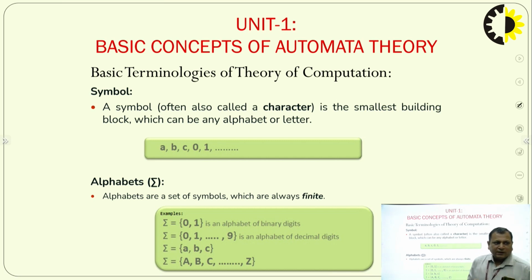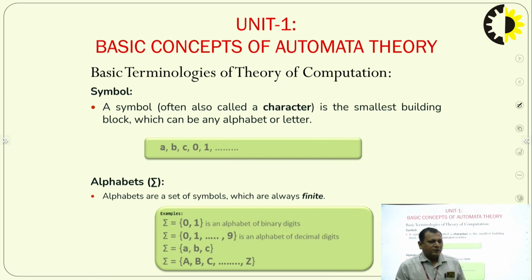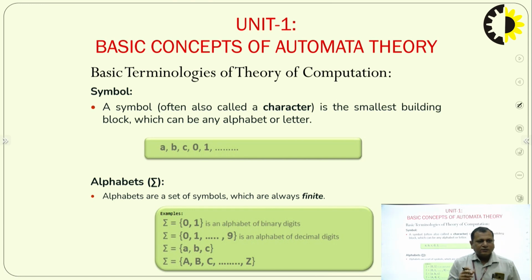Alphabets are denoted by the symbol summation. An alphabet is a set of symbols which are always finite. That means we can calculate the total number of symbols.